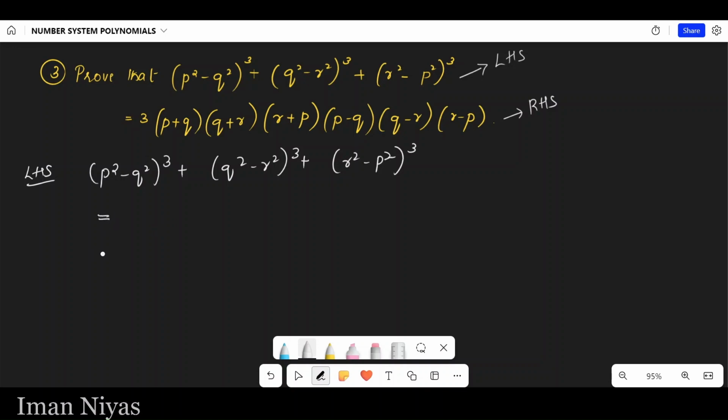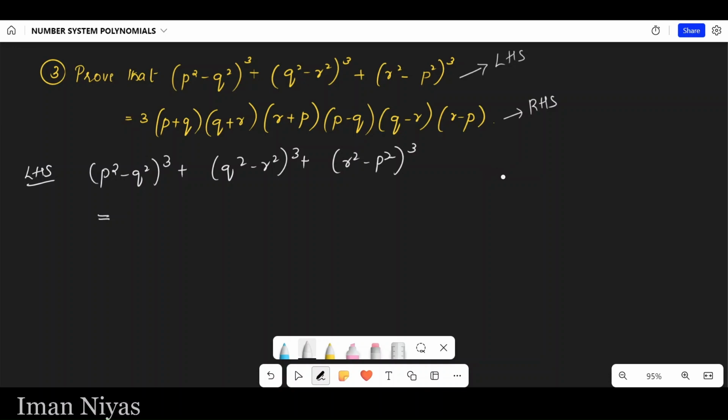So can you imagine any of the identities which you have learned that is related to this? Do you remember the last identity you have learned in the chapter polynomials? That is x cube plus y cube plus z cube minus 3xyz is equal to, what is that? x plus y plus z multiplied with x square plus y square plus z square minus xy minus yz minus zx. I hope you all remember.